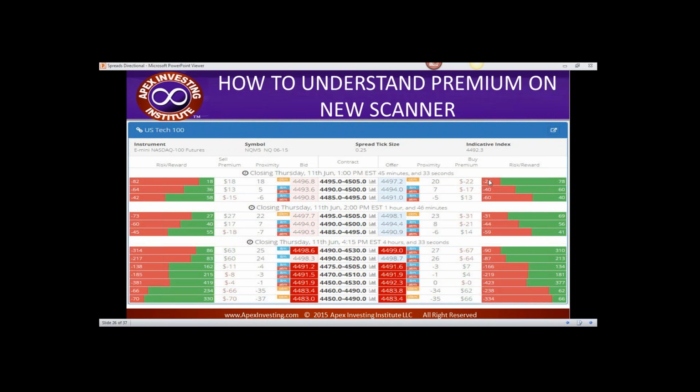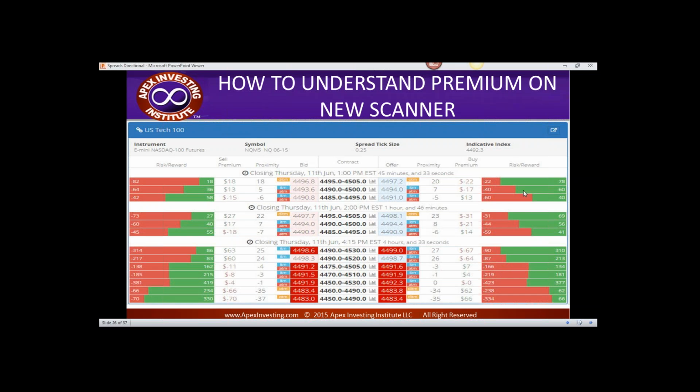Ooh, I love that. This is 166. I don't like that. This one here, all you have to say is, if it goes against me 22 ticks, I'm going to get out. It's the same risk. Just because these numbers are higher doesn't mean the actual risk is higher. It's just more you've got to put up to get in the trade. Does that make any sense?